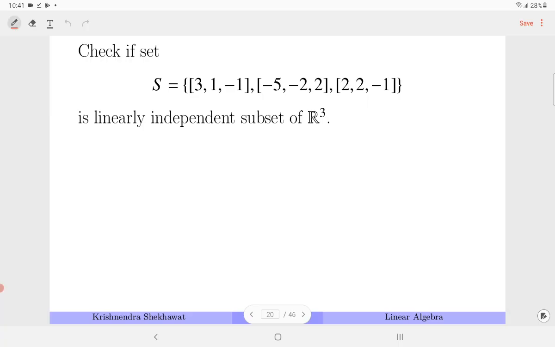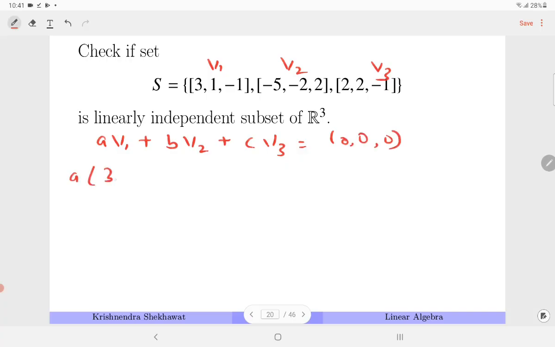Let's try one more question. Check if the set S is linearly independent or not. The approach is the same. If they are the vectors v1, v2, v3, you write a v1 plus b v2 plus c v3 is (0, 0, 0), which is a times (3, 1, -1) plus b times (-5, -2, 2) plus c times (2, 2, -1), which is (0, 0, 0).